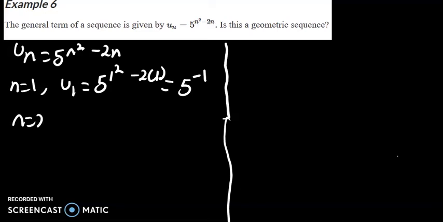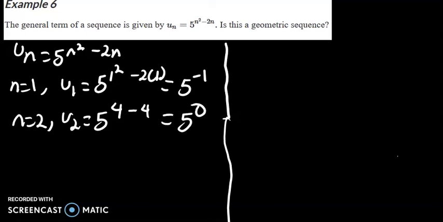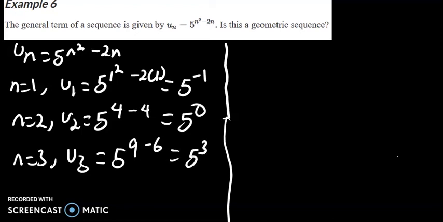And when n is equal to 2, u2 becomes 5 to the power 4 minus 4, that's 5 to the power 0. And for n is equal to 3, u3 becomes 3 squared, that's 9, minus 6, because 2 times 3, so 5 to the power 3. So is this really a geometric sequence?